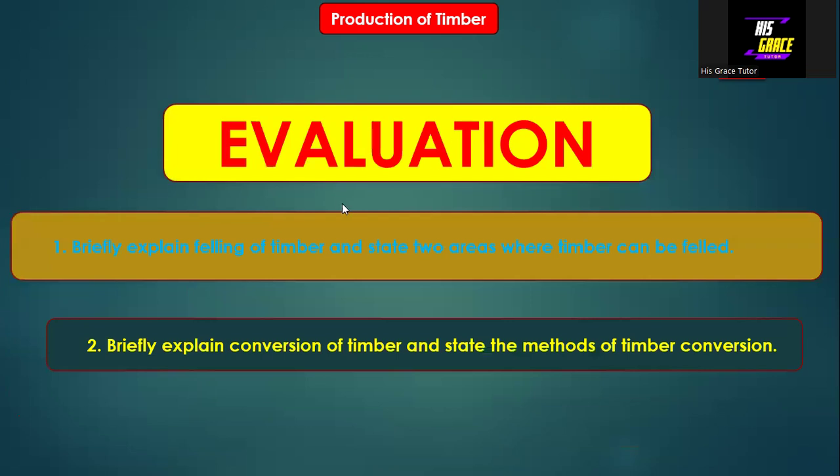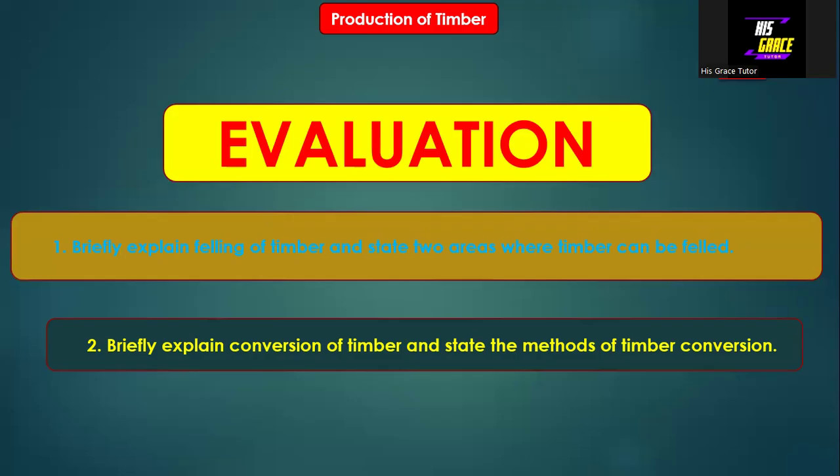Okay, so the next slide is just for us to evaluate ourselves on what we have done in this lesson. This is the second evaluation in which we are going to ask ourselves questions. Question 1 says: briefly explain felling of timber and state 2 areas where timber can be felled.